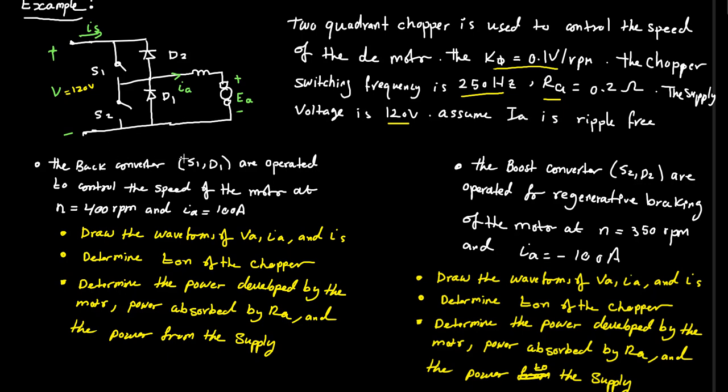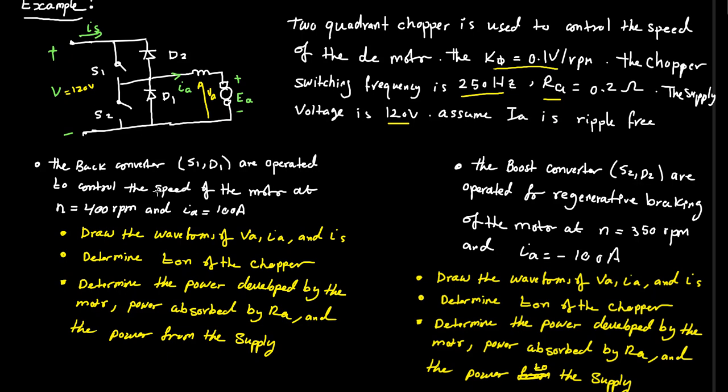And here we have two parts. The first one, for the buck converter: if the buck converter is operated to control the speed of the machine at N equal to 400 rpm and the current 100 ampere, we need to draw the waveforms of the VA, IA and IS.